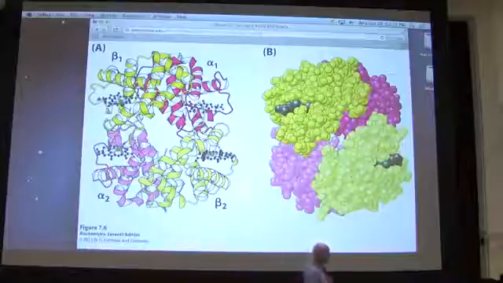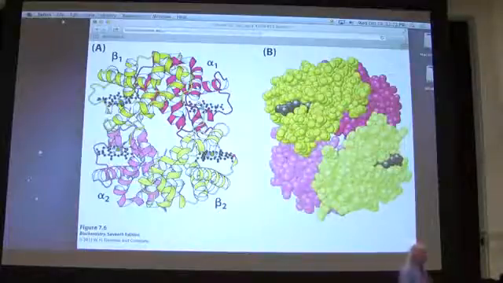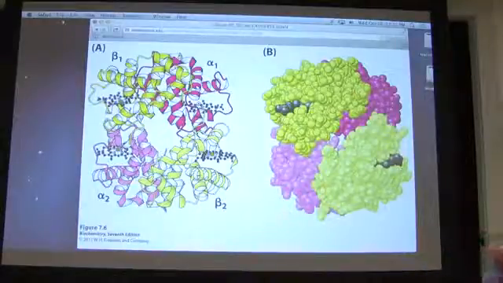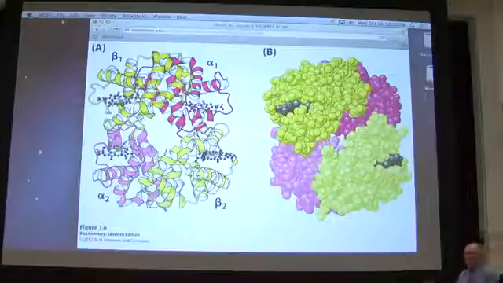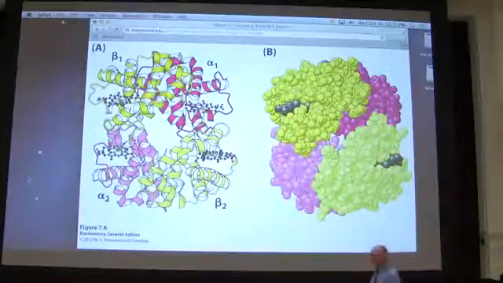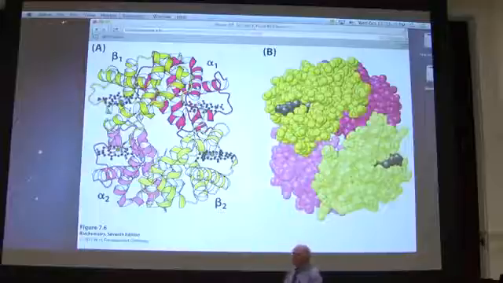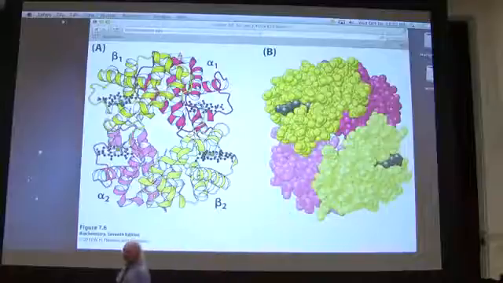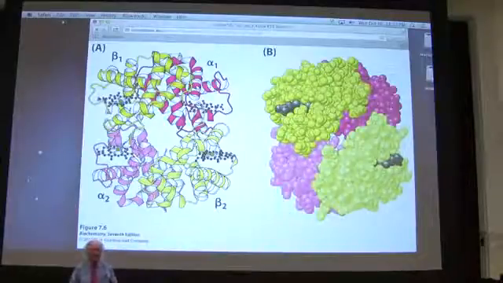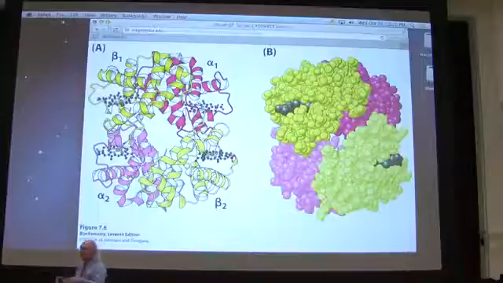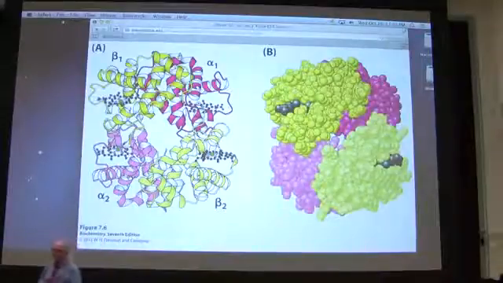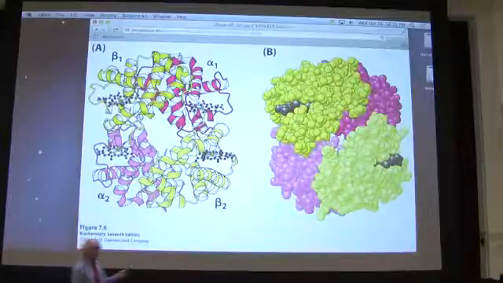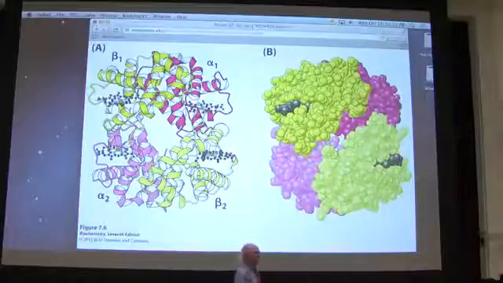The yellow guy up here changes because its interaction with the pink guy changed. And we see, as this goes through the entire 4 subunits, that each time we see a change, we see an increasing desire to bind oxygen. What's happening is that this overall protein is converting from the T state to what we call the R state. R stands for relaxed. And relaxed states are really good at binding things. Really good at binding things. Changing this one atom allowed this guy to load up with oxygen.